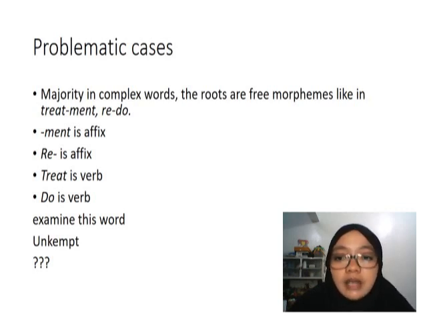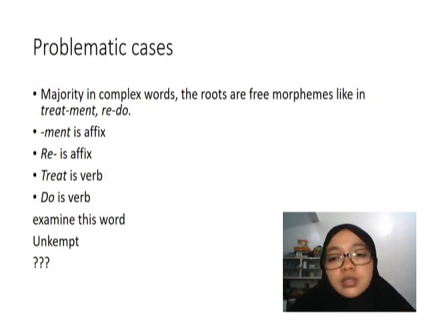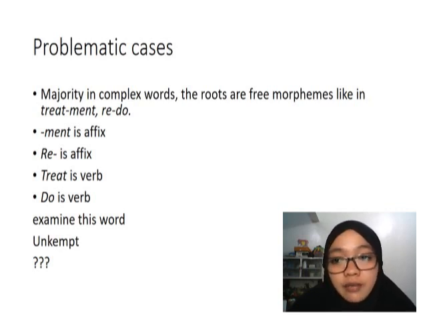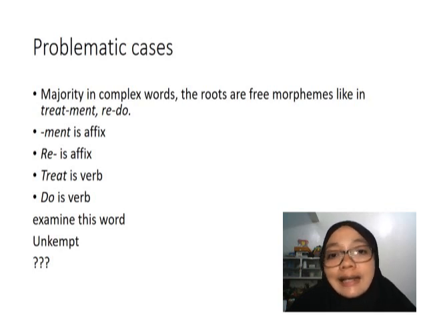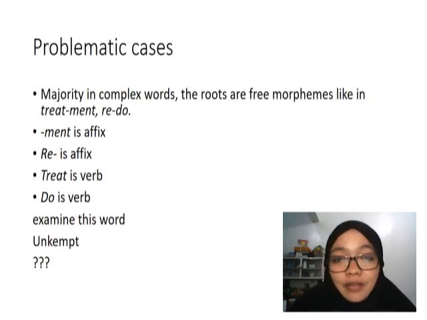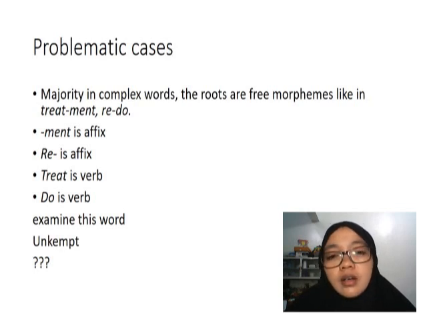Remember that mostly in complex words, the roots are free morphemes, like treatment and redo. Treatment is from treat attached with ment. Ment is the affix, and it becomes treatment. And redo: re is the affix, do is the root.